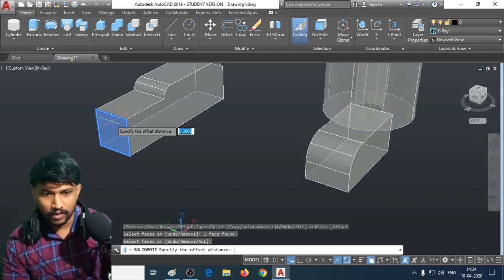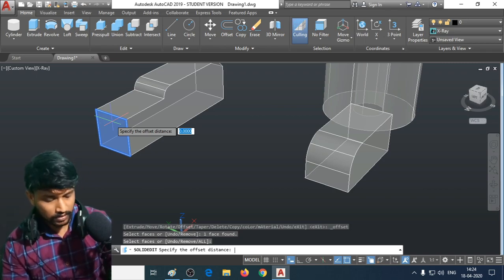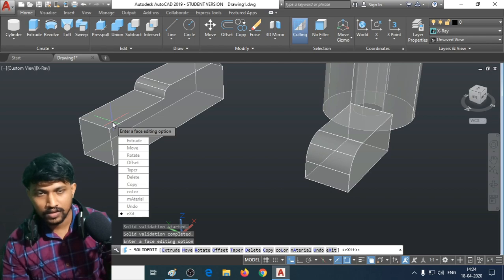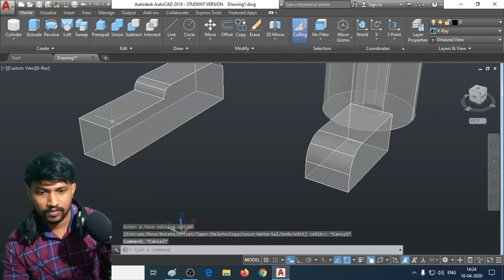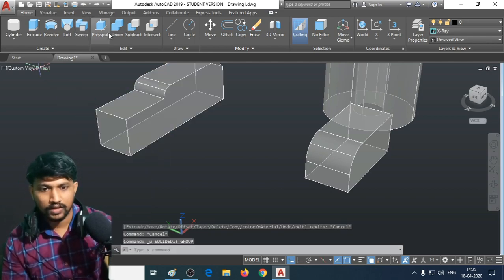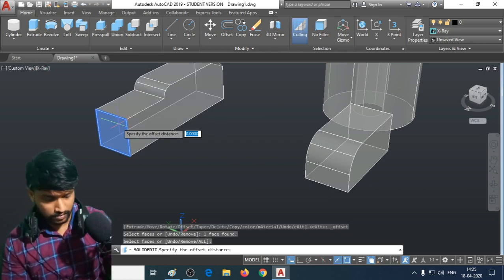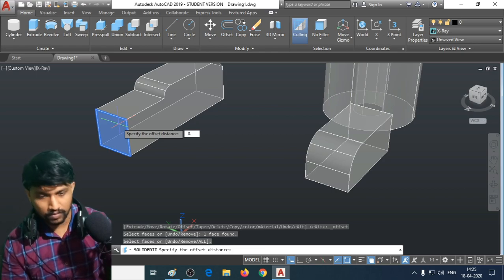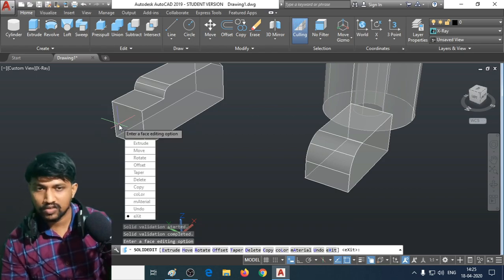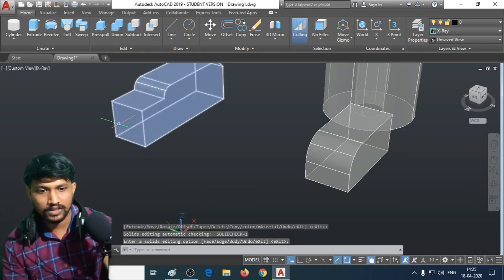So I'm going to select this face, say 0.2, press enter. If you give negative 0.2, it is going to compress that one. Press enter twice.